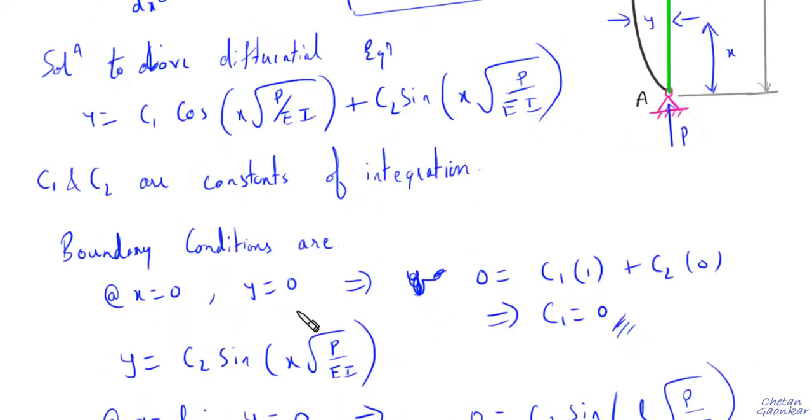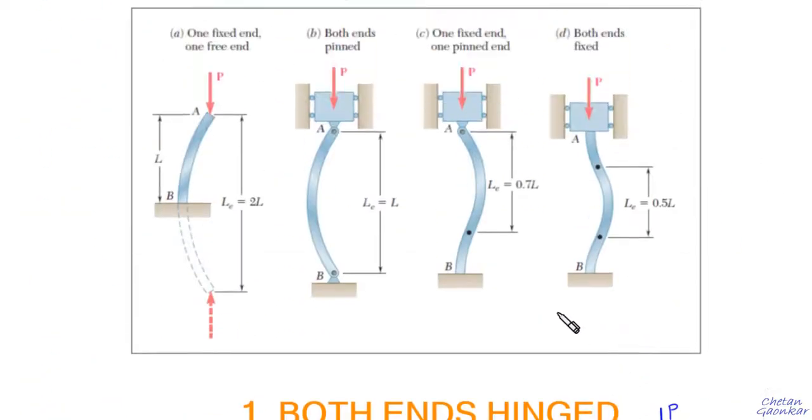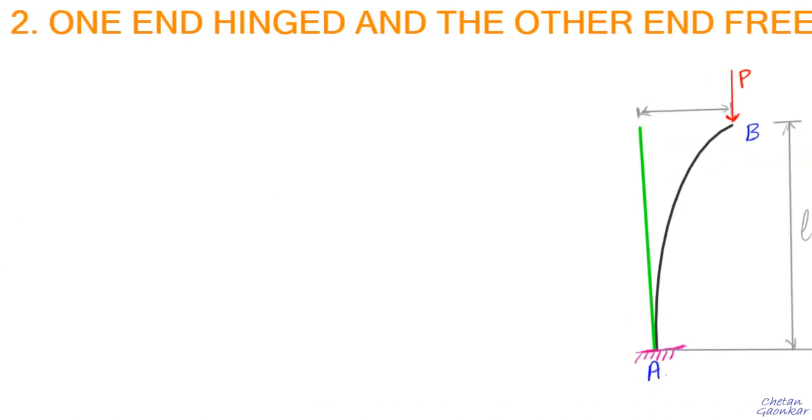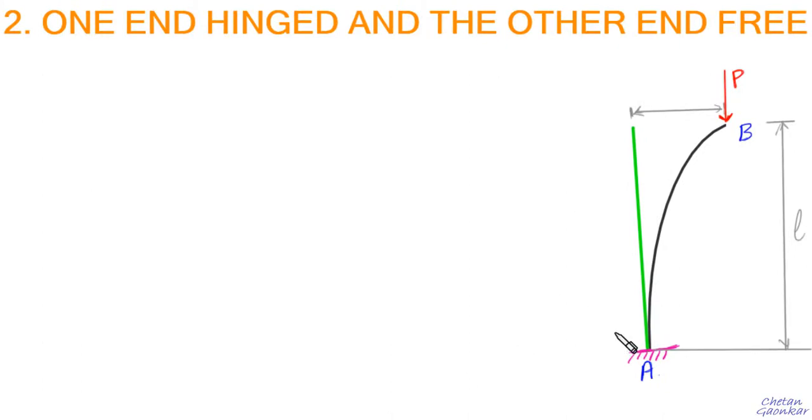Similarly, we can find the expression of the critical load for other cases. The other cases are like one end is fixed and the other end is free. If I take this as our second case, wherein this end is fixed whereas the other end is free, we'll do the same thing. Let the deformation at some distance x from the fixed end be y.